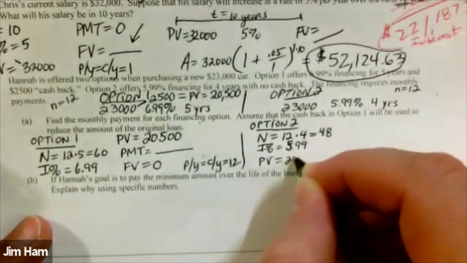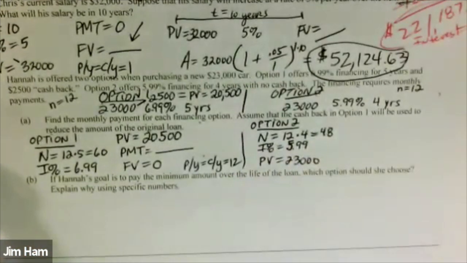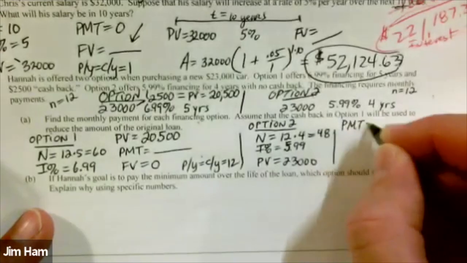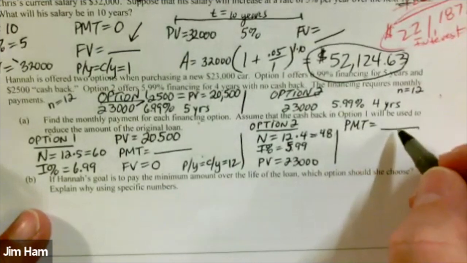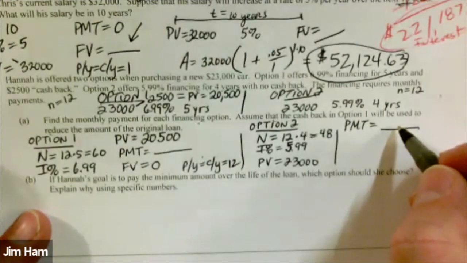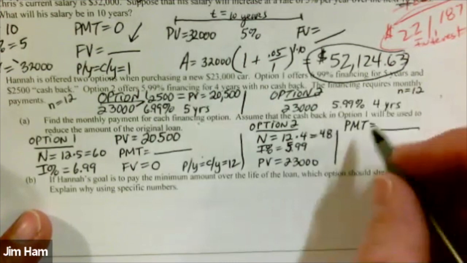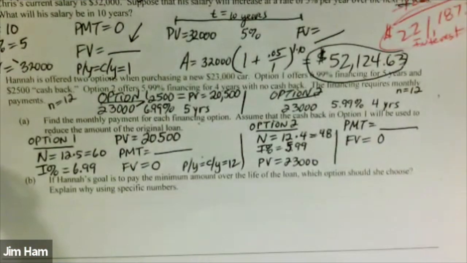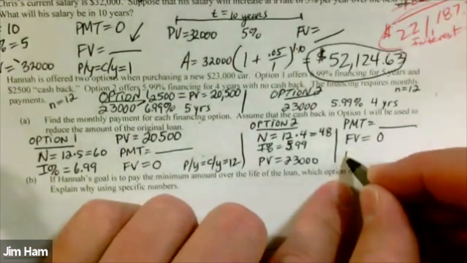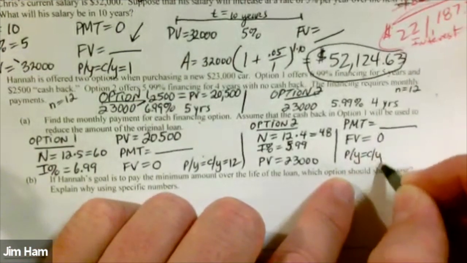The present value of the loan is $23,000 because we didn't get any rebates. No cash back. All right, the payment again is what we want here. Keep in mind, we're only going to make this payment for 48 months instead of 60 months. Like the other problem, at the end, the value of the loan will be 0. And then payments per year, compounding per year will be 12.